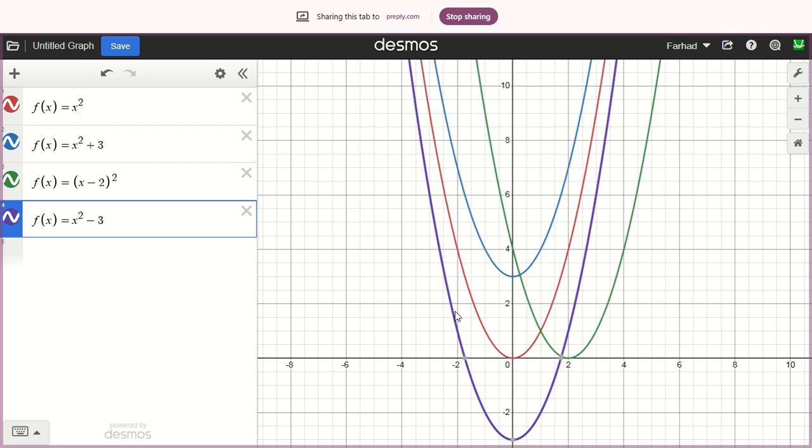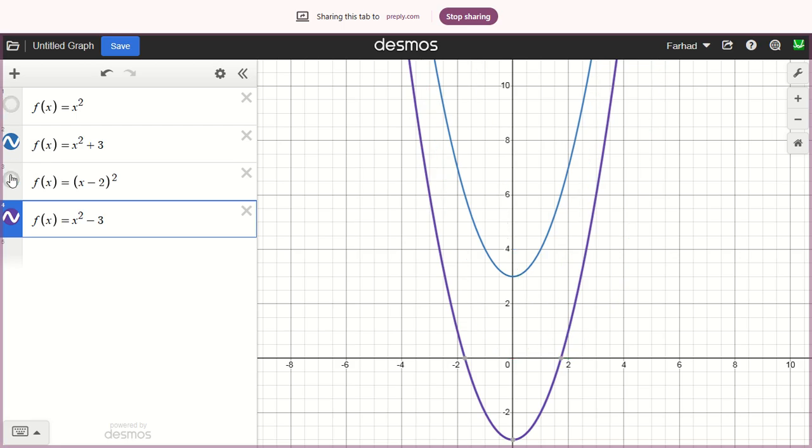That is the purple one. So if we now see the difference of these two functions, that is 3. So the blue one just moves up, and the purple one moves down.